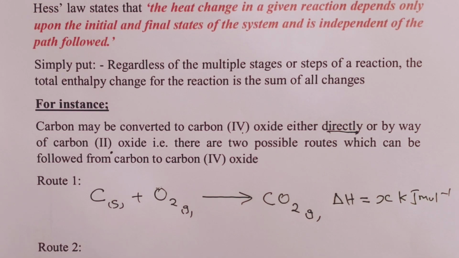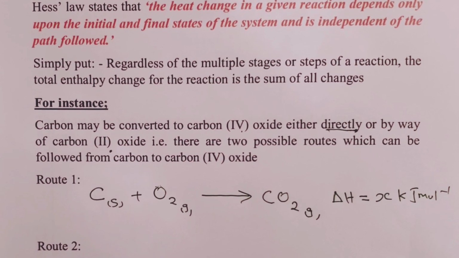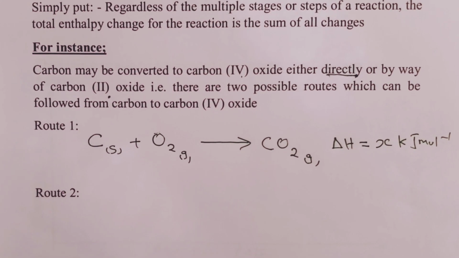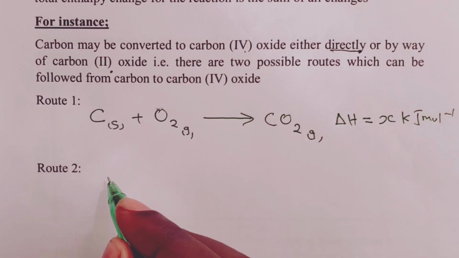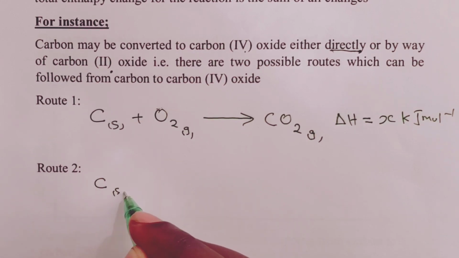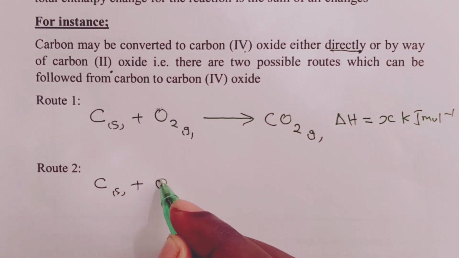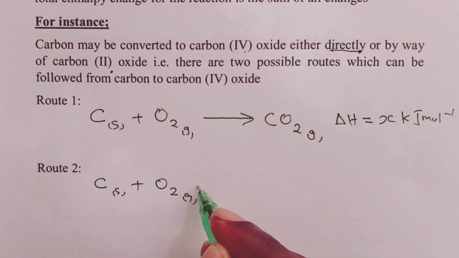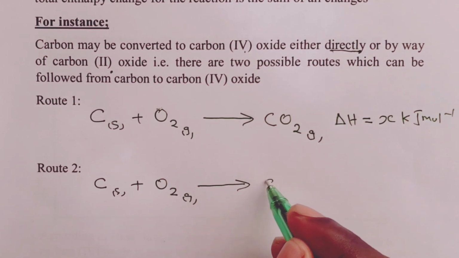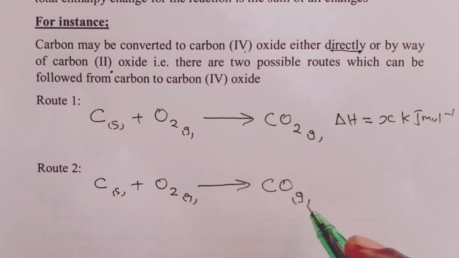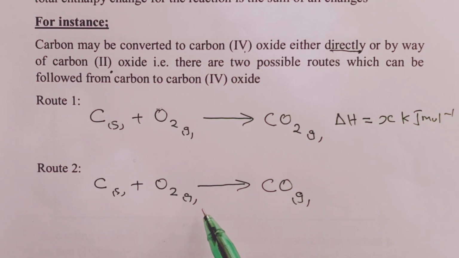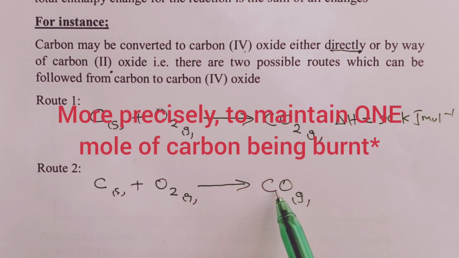The next route, route 2, is where we first burn carbon in a limited supply of oxygen to give us carbon 2 oxide. As we balance this equation, we need to appreciate that as we form carbon 2 oxide, we need to maintain 1 mole of it being formed.